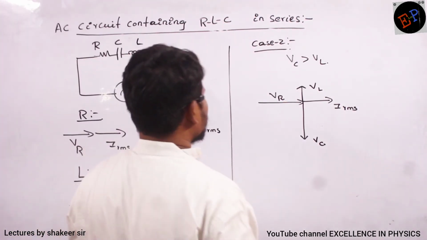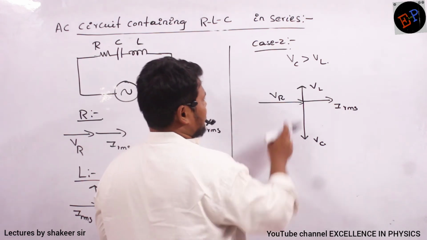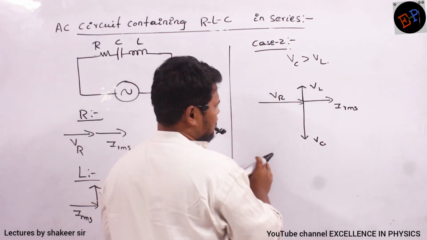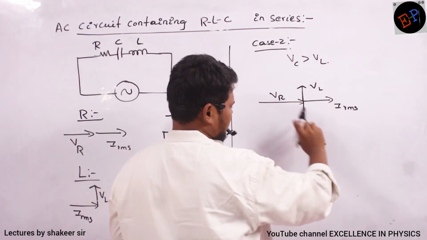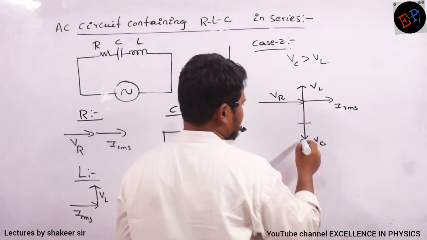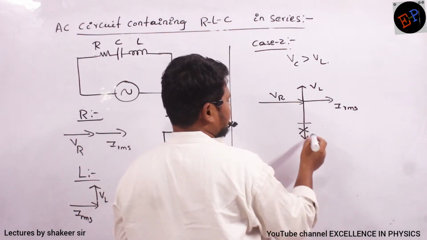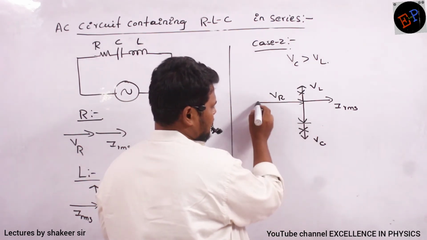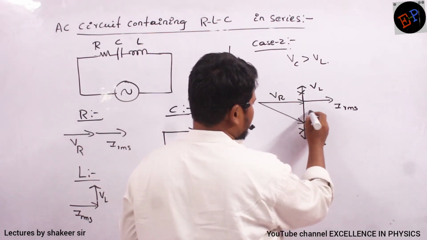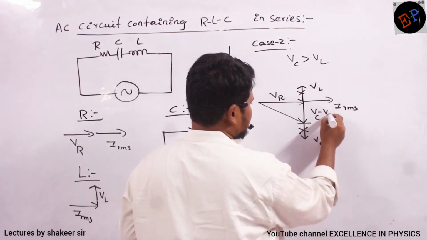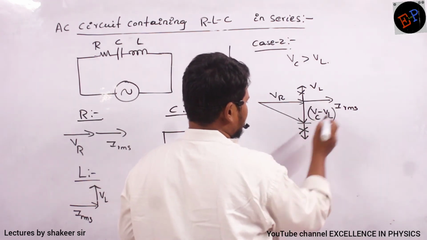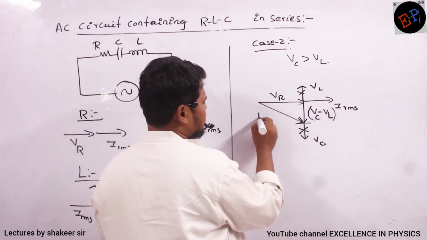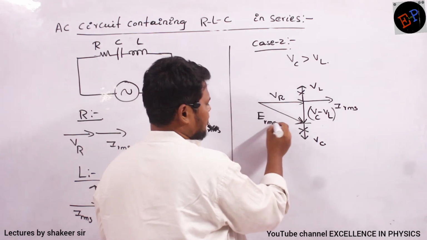So what is case number 2? VC greater than VL. So what I will do, this much of VL I will remove from VC. So this VC and this VL will get cancelled. Therefore, what is the remaining value? Remaining value is VC minus VL. And what is this one? This is ERMS, supply voltage, which you should give.